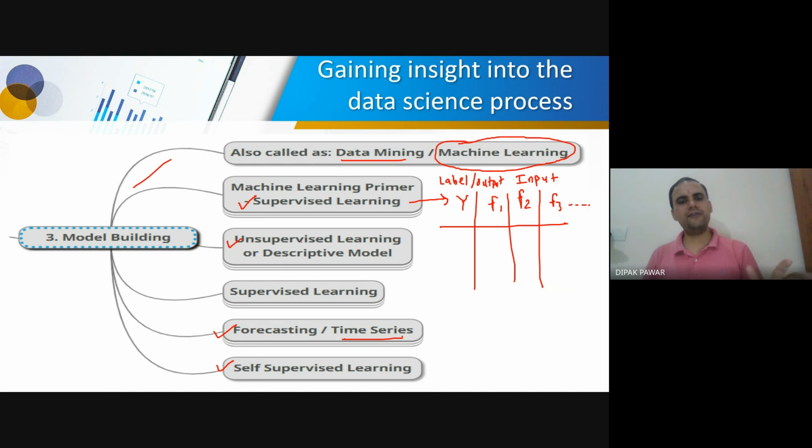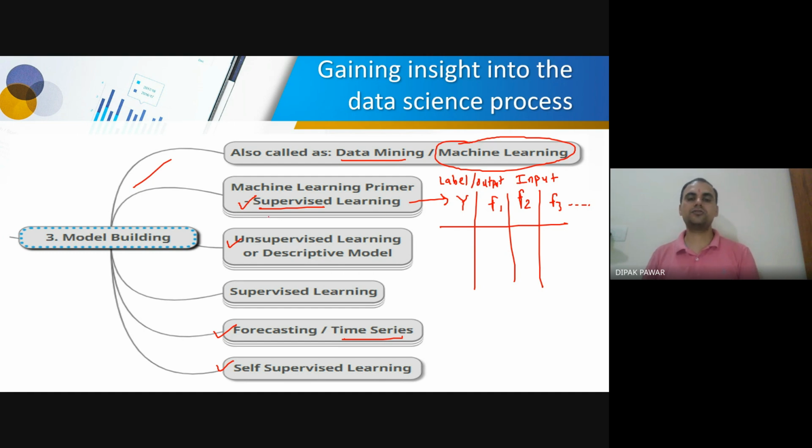In supervised learning we have multiple algorithms that we'll see when we move ahead. It is called supervised because we always compare our input with the output, and we try to find the pattern, or the relation between Y with respect to F1, F2, F3, and so on. That's why it is considered supervised.